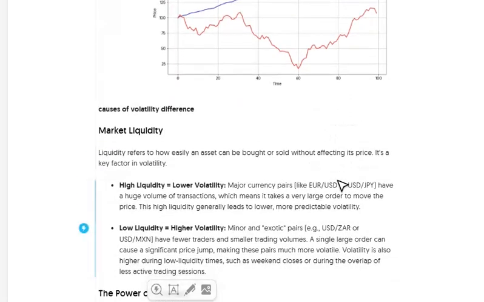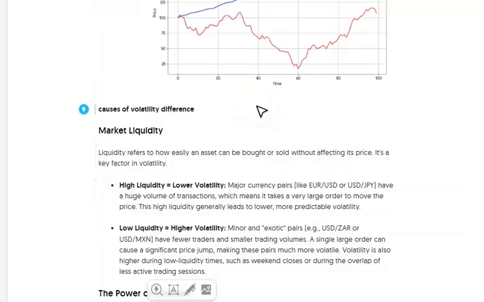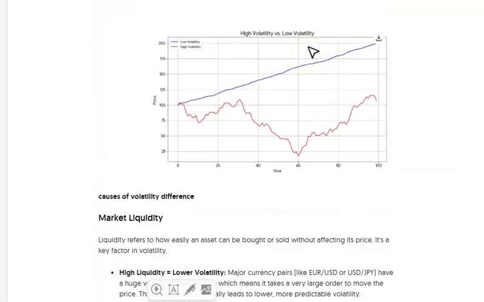One is market liquidity. Liquidity, again, let me define. Liquidity refers to how easily an asset can be bought or sold without affecting its price. It's a key factor in volatility. For these pairs that I've used here, liquidity means the quantity of people putting money on that currency pair.